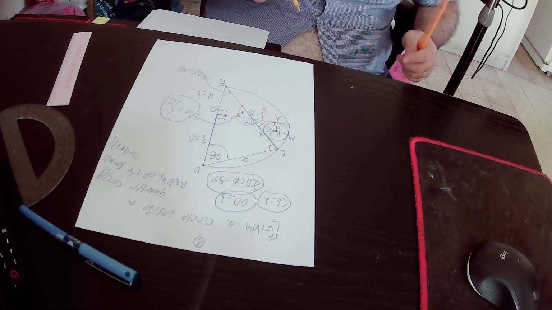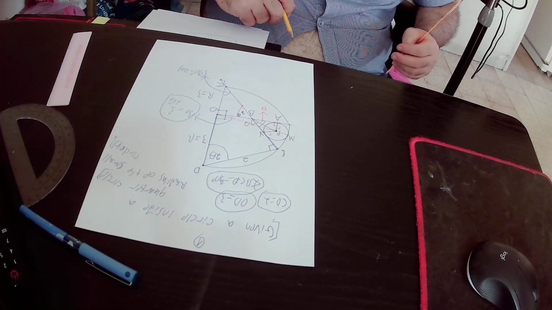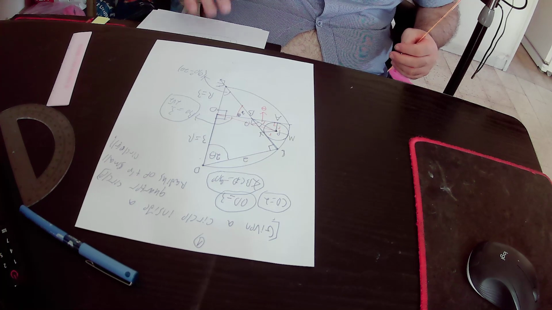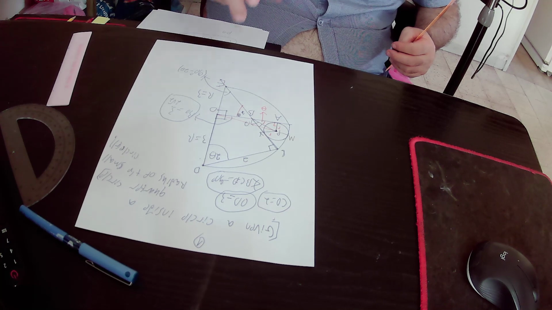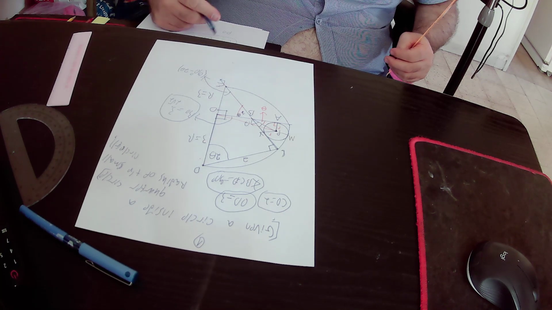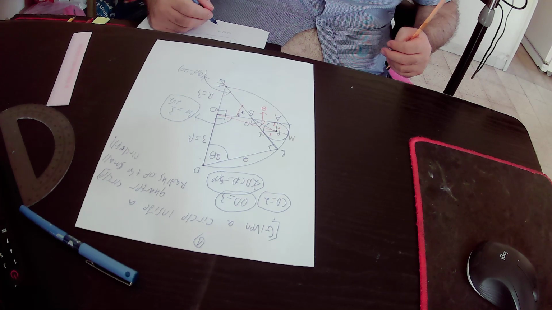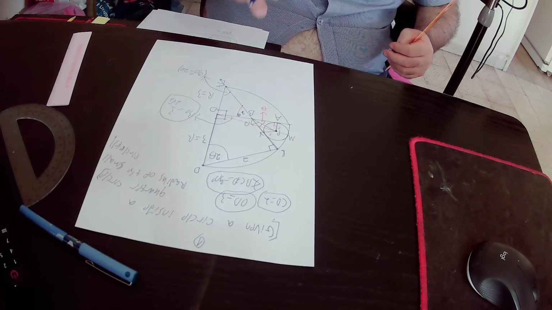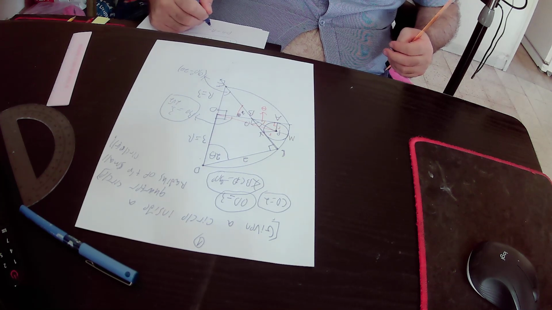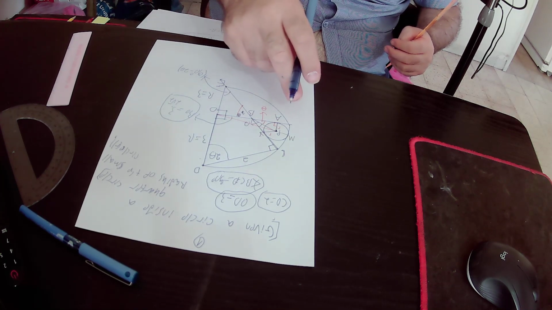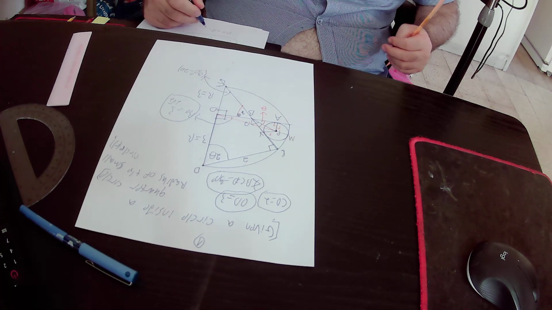So actually, if we look, what is the size PO? The size PO, that is the hypotenuse of triangle APO, equals the radius of the big circle, that is capital R, minus the radius of the small circle. MP is the radius of the small circle, that is small r.